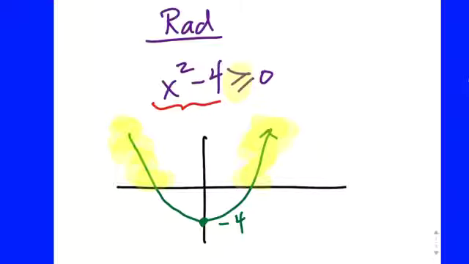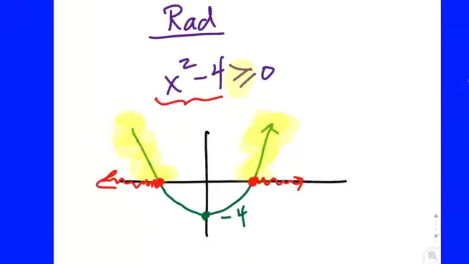It's always going to come down to the x-intercepts of the graph. Are my positive y values between the x-intercepts that I've marked in red, or outside them? Outside, right? So on the number line, I would shade to the left, because everywhere to the left of that my graph is above, and everywhere to the right it's above.